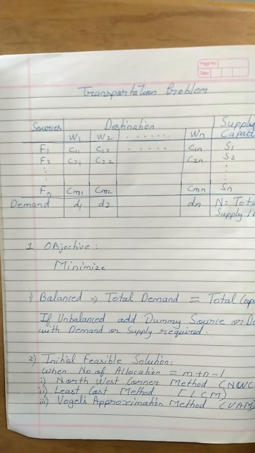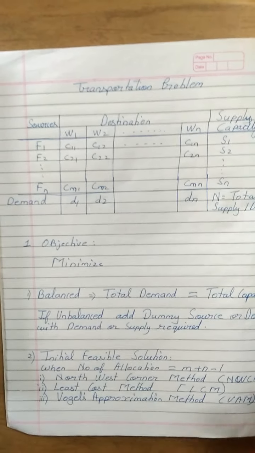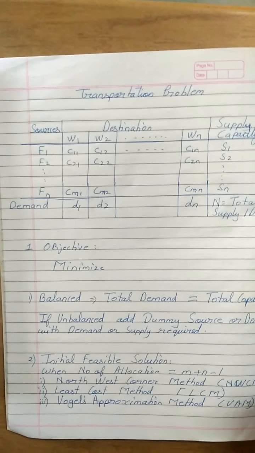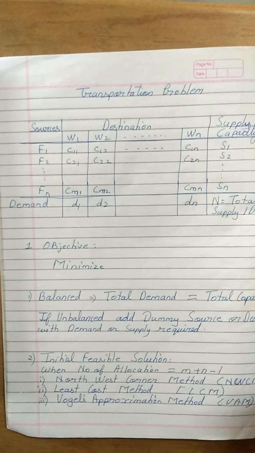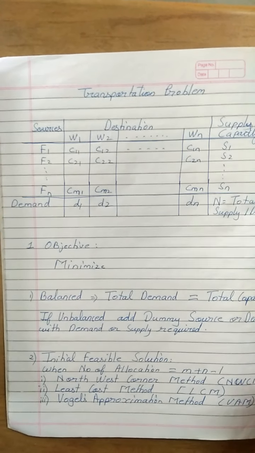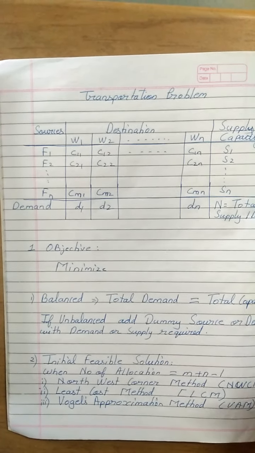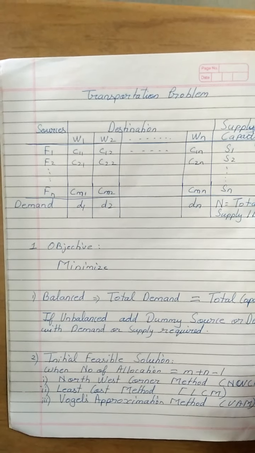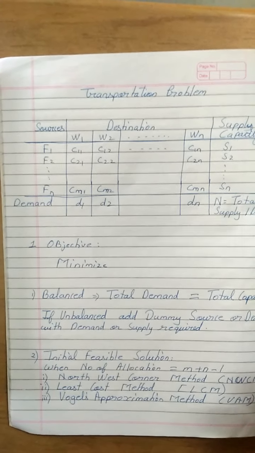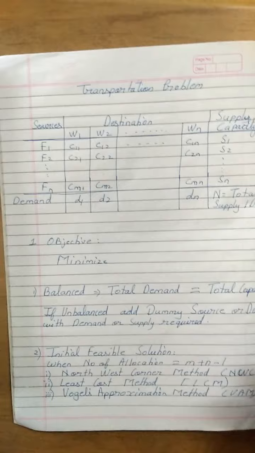So if we reduce or minimize the transportation cost, we would be able to reduce the price of the product. So minimization of transportation cost is a main objective of any organization. Now how to do that, which are the methods, that we will study in this transportation problem.